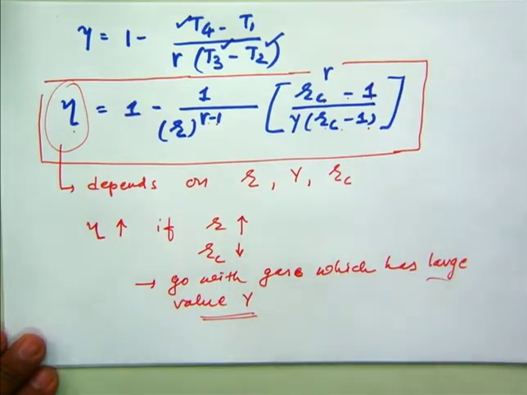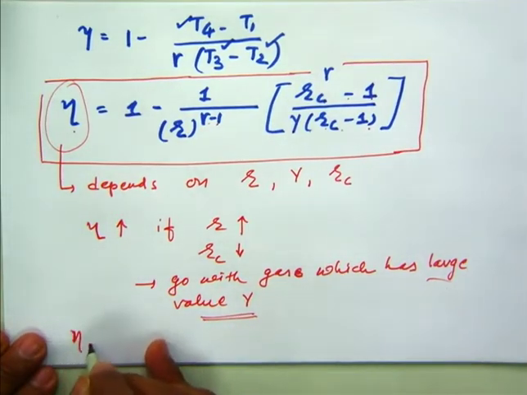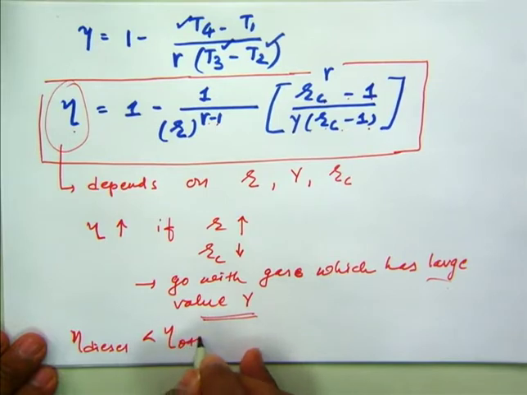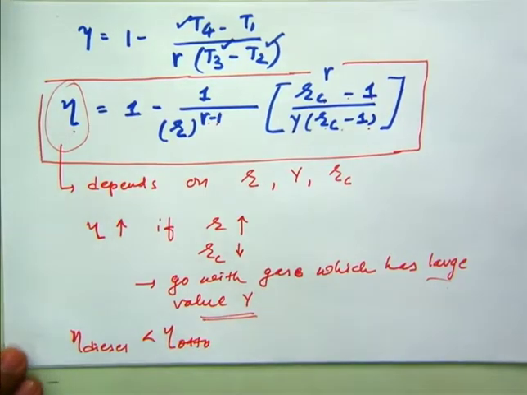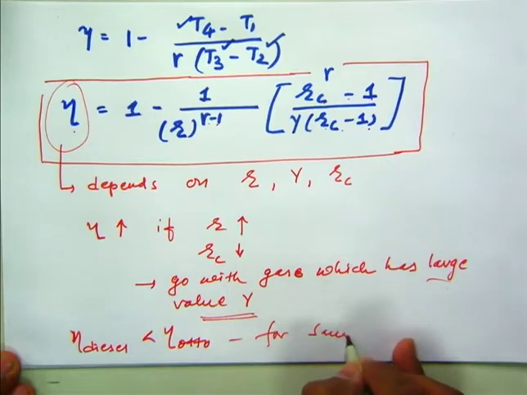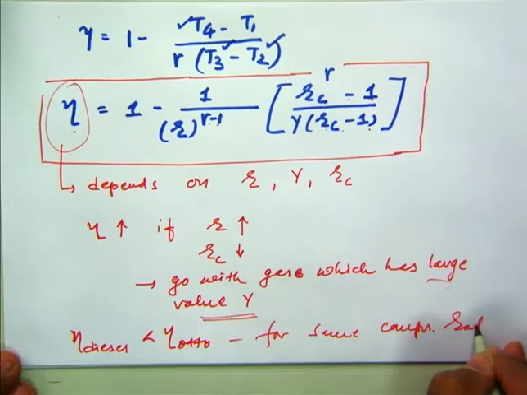The efficiency of the diesel cycle is always less than the efficiency of the Otto cycle for the same compression ratio.